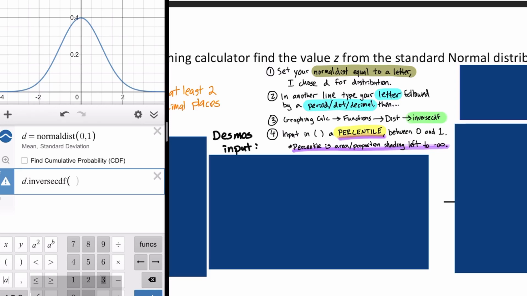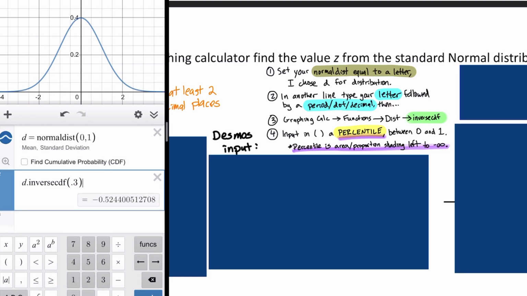And remember, percentiles, and this is going to be a very important point throughout the rest of the notes: percentile is area or proportion shading to the left, shading to negative infinity. So wherever our line is that we're drawing, it's what we're looking for. It's less than. So if I'm asking for the 30th percentile, that is a value of 0.3. So I'm going to put in 0.3.